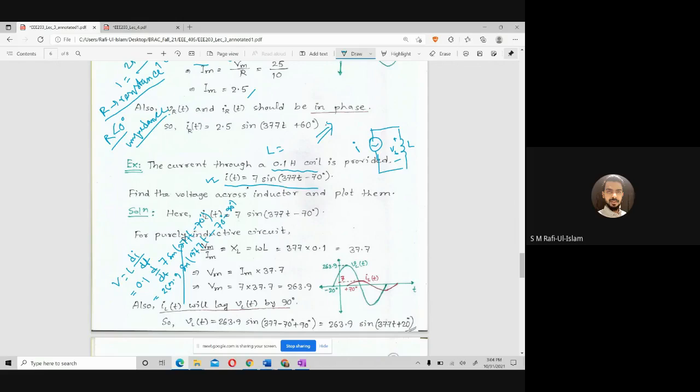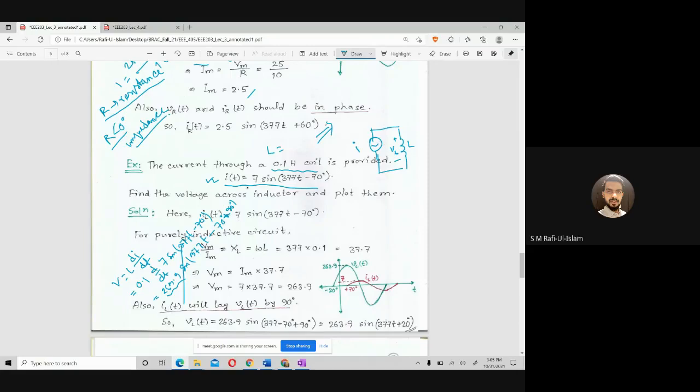I'm not sure, you just do the calculation. Whatever you get, this would be the answer. That one would be plus 90 degrees. This is one way to solve, and this value would be called the maximum voltage value.